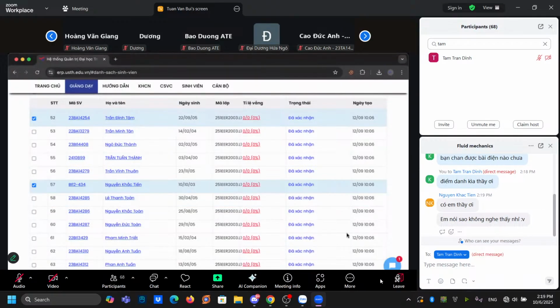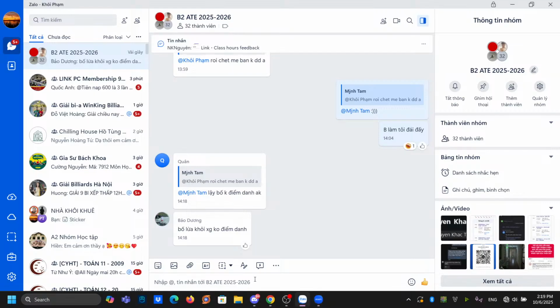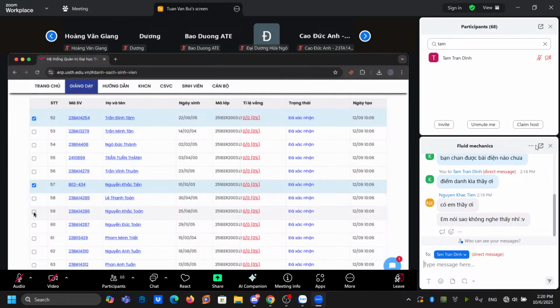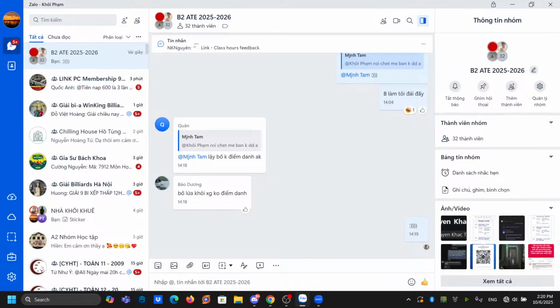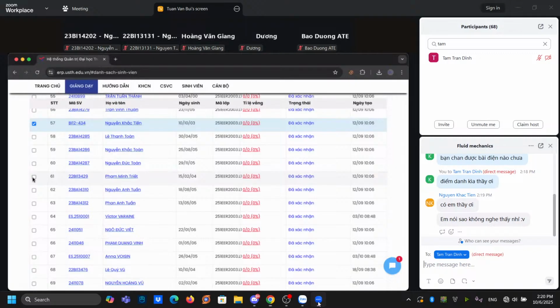Toàn, speak louder and it will pop up on my Zoom, and turn on your camera too. Why doesn't it show up on Zoom? Lê Thanh Toàn, okay. Nguyễn Khắc Toàn. Có ạ. Okay. Nguyễn Đức Toàn. Có ạ. Phạm Minh Chiết. Not here.